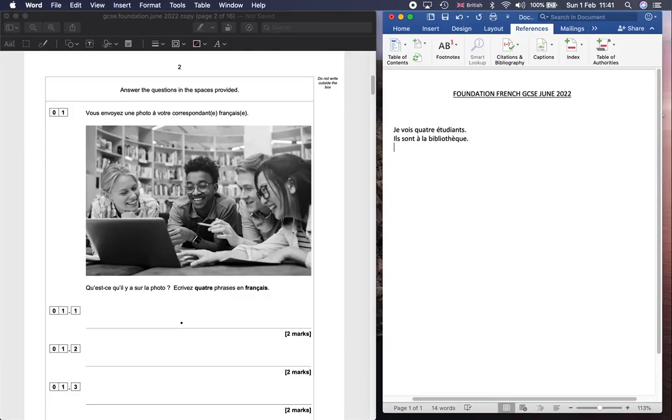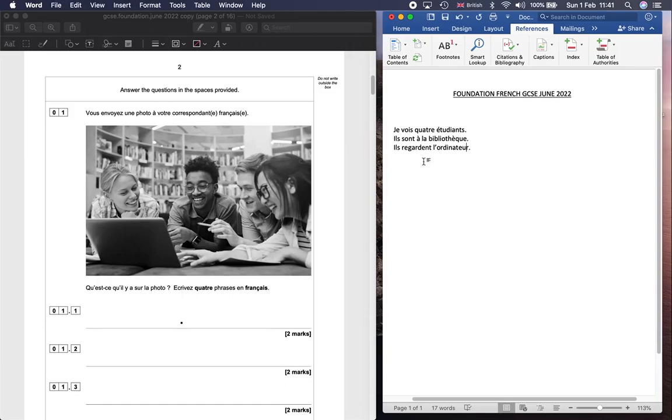Let's have a look at what they're doing. They're looking at the computer. Ils regardent l'ordinateur. Ils regardent l'ordinateur. They are looking at the computer.